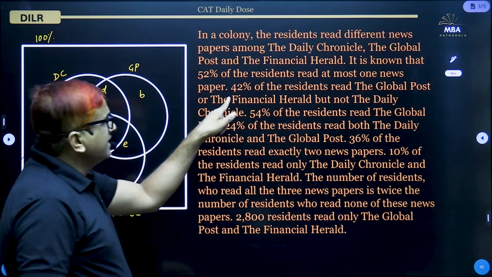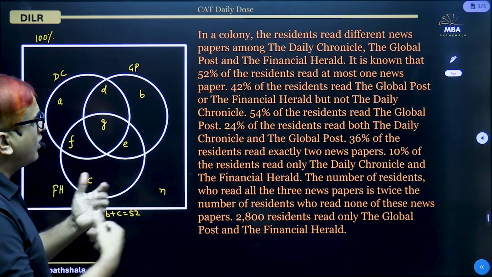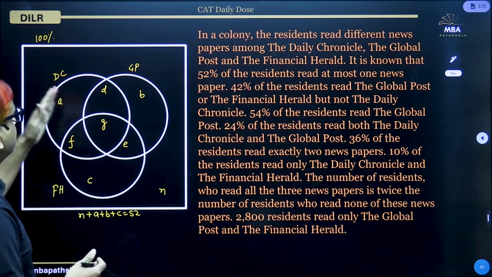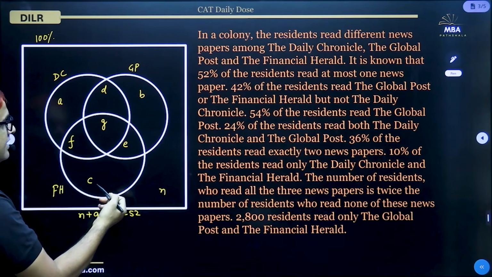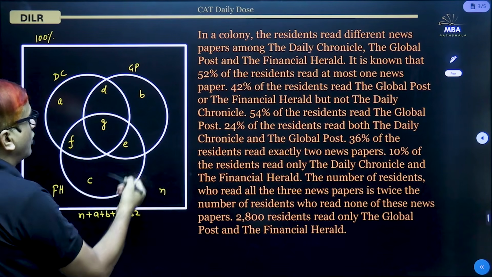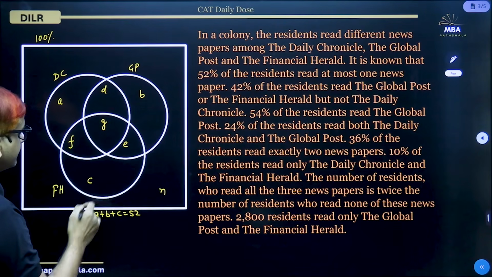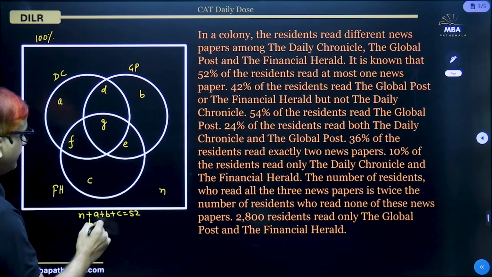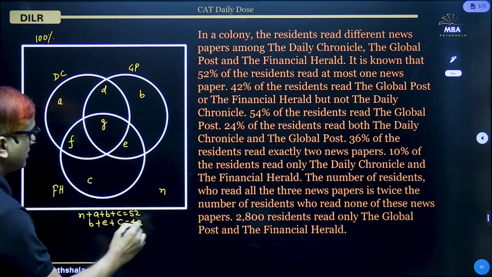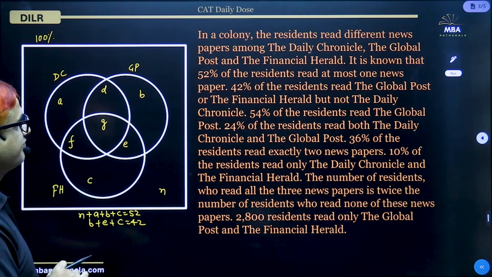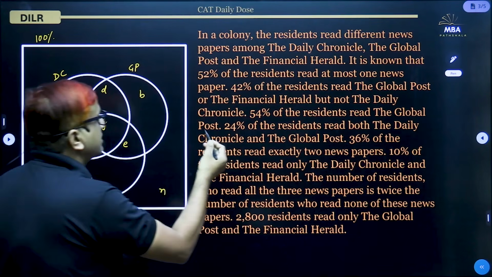Now the next line is 42% of the residents read the Global Post or the Financial Herald but not the Daily Chronicle. So Global Post or the Financial Herald, it is not saying and, it is saying or, but not the Daily Chronicle. That is B plus E plus C. So we are given B plus E plus C as 42. The second equation. Then 54% of the residents read the Global Post.